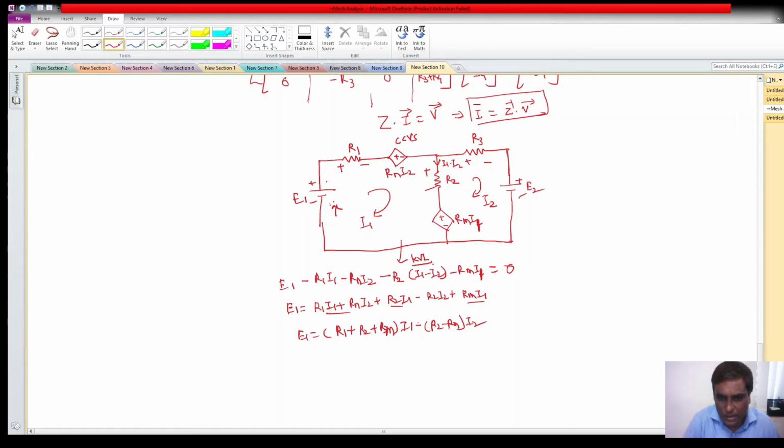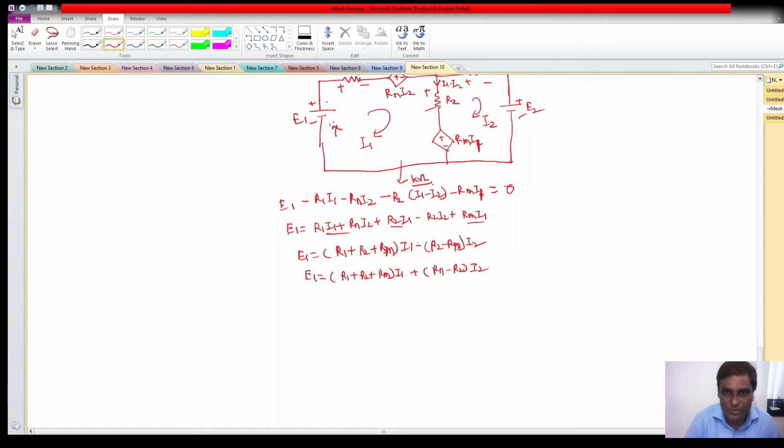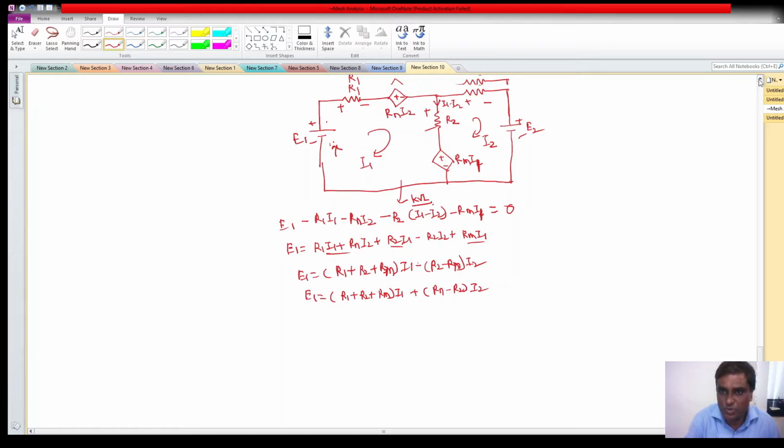That way also I can write, or just like this: R1 plus R2 plus Rm into I1 plus Rn minus R2 into I2. This is for mesh 1.